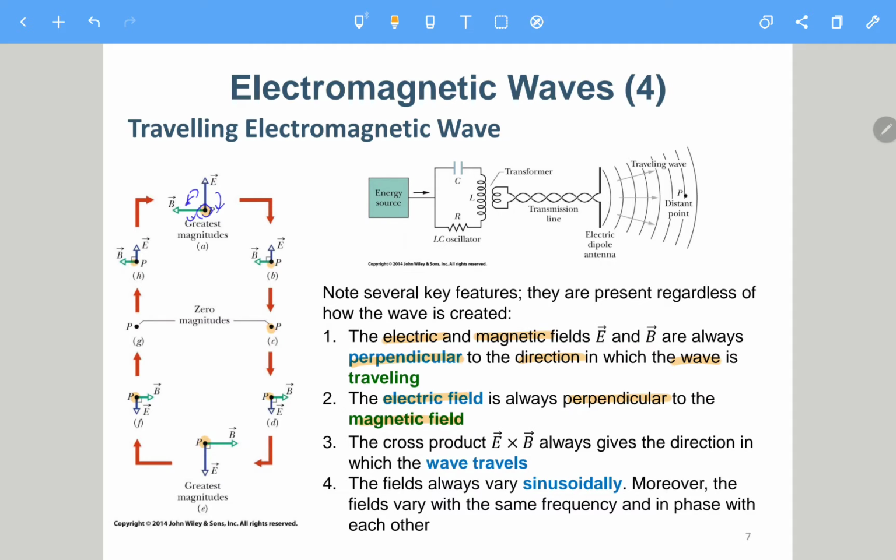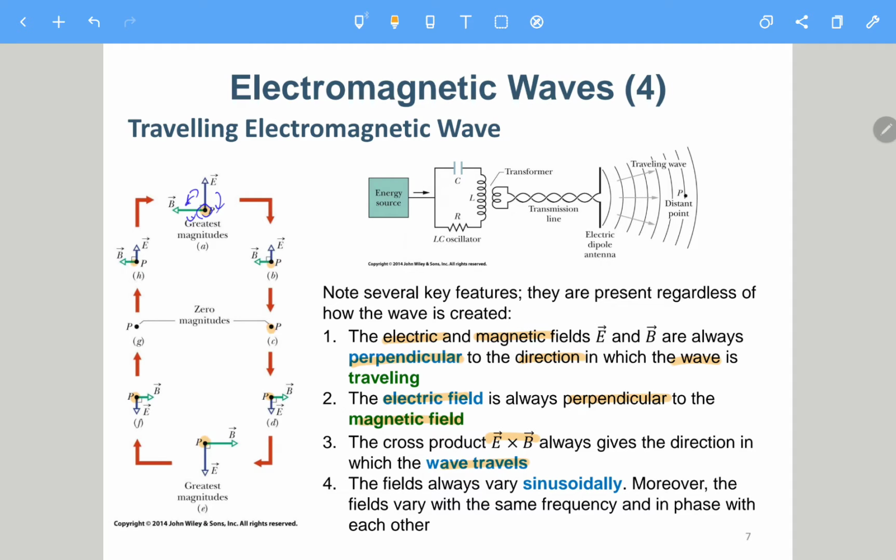The third point tells you that the cross product E cross B always gives you the direction the wave travels. Say for figure A, you have E pointing upward and B pointing to the left. So you have E cross B, and your thumb is pointing out of the page. So E cross B is the direction of the EM wave.